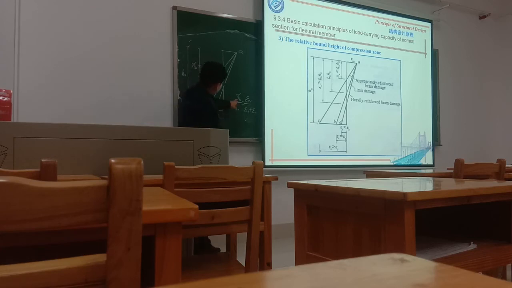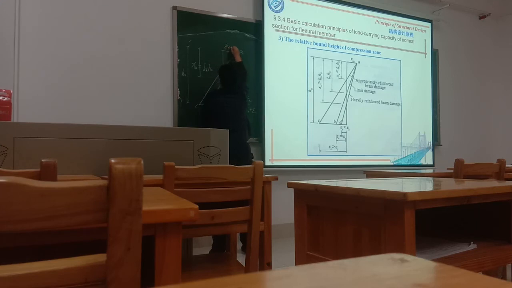So XB divided by H0 equals ε_cu over ε_cu plus ε_y, which means this distance plus this distance.